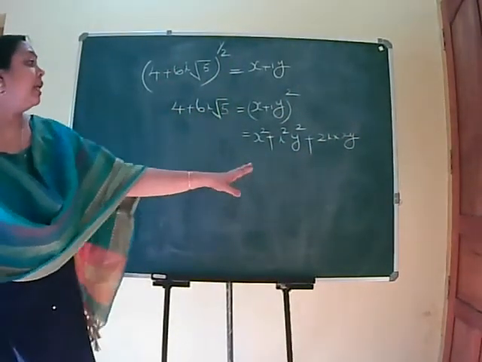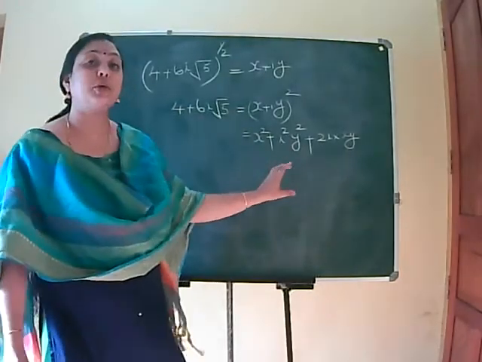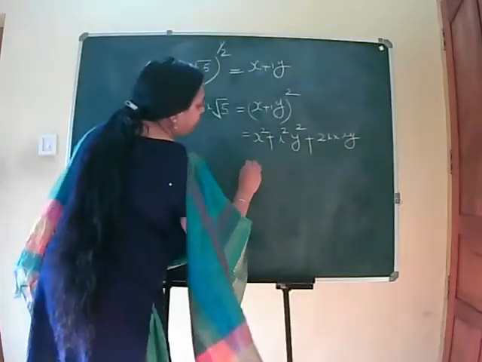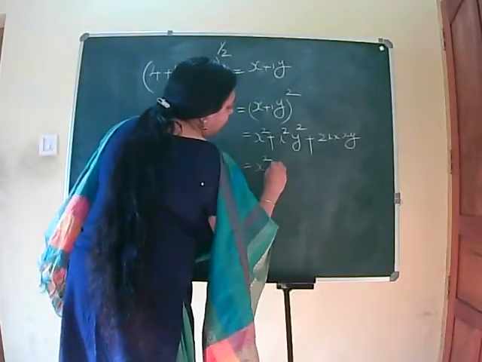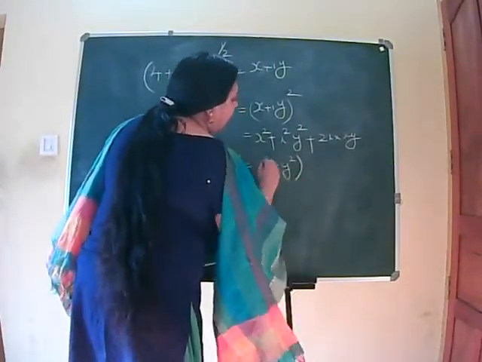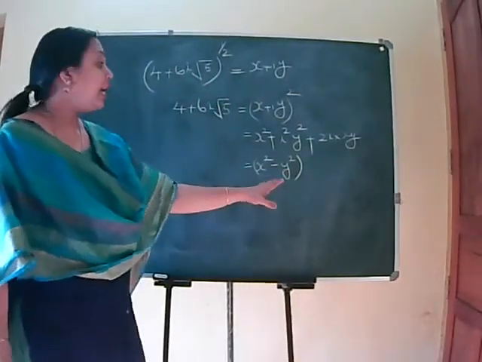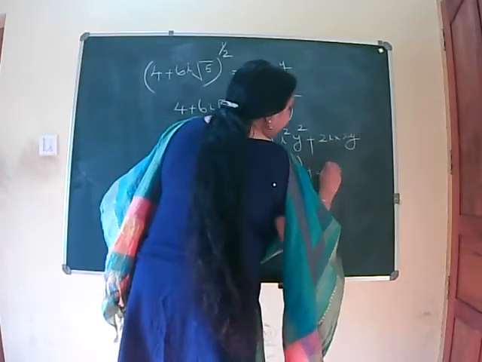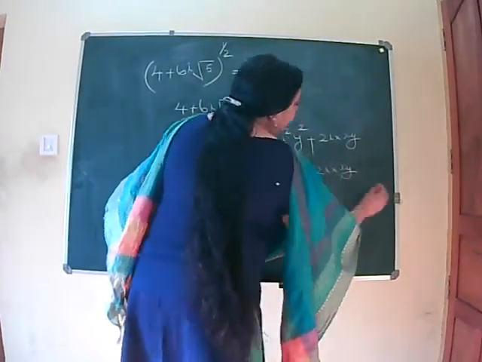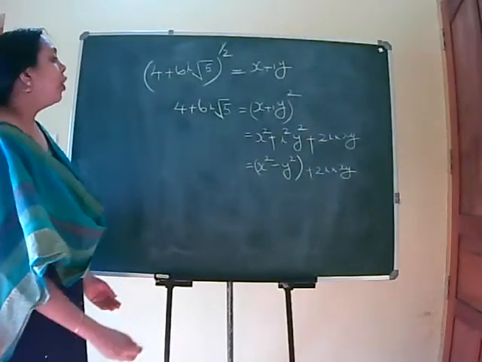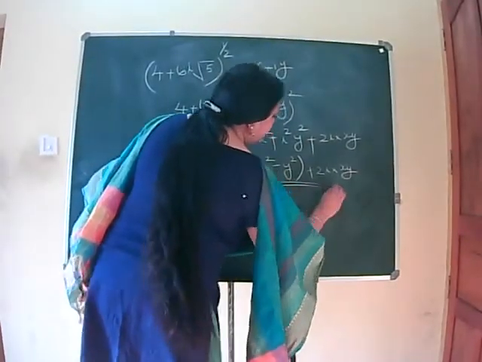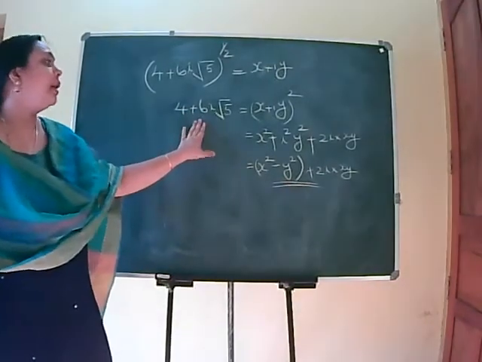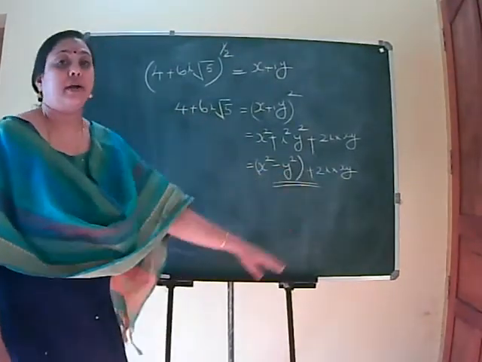And we know that the value of i square is minus 1, so that becomes x square minus y square plus 2i into xy. Okay. So we get this complex number is equal to this one.